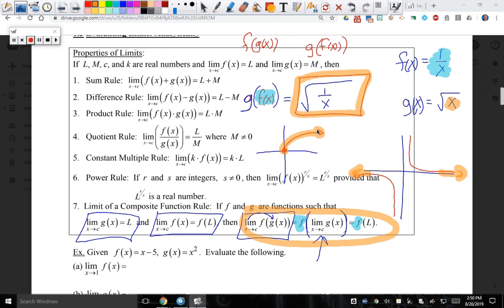Does this look like it's a continuous function? It is a continuous function. Because a continuous function does not need to have a domain that is all real numbers. There's a difference between a domain that has all real numbers and continuity. Continuity is this. A continuous function is a graph that you can draw without lifting up your pencil.